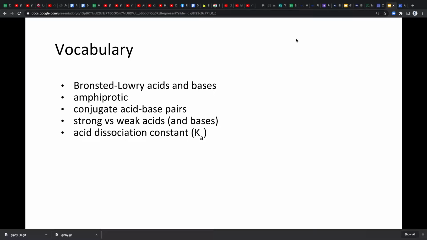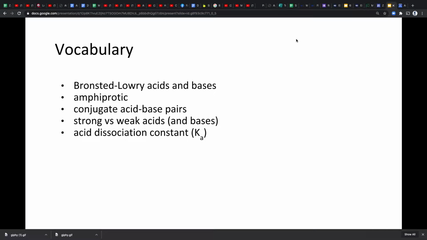So we've got the vocabulary for the first half of the class. Before we get into the calculations, we need to talk about concepts such as Bronsted-Lowry acids and bases, amphiprotic substances, conjugate acid-base pairs. That's familiar, right? Strong versus weak acids and bases, of course, that's a big level 2 topic.